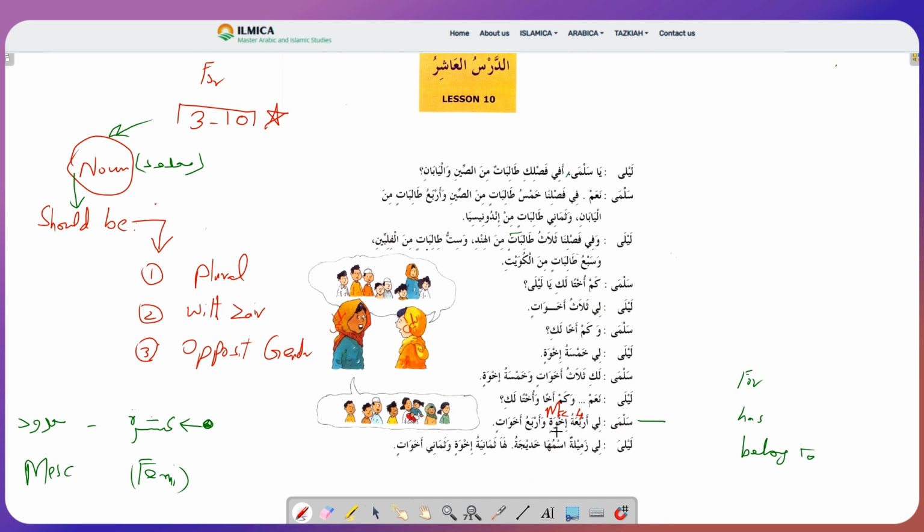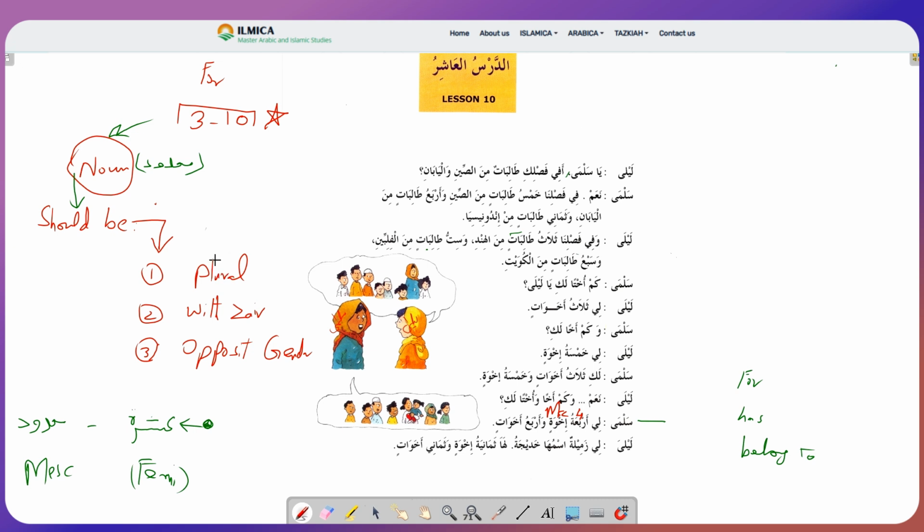It is just a part of the word. Ikhwa means brothers, and brothers is a masculine gender. So all in all, ikhwa is a masculine word.